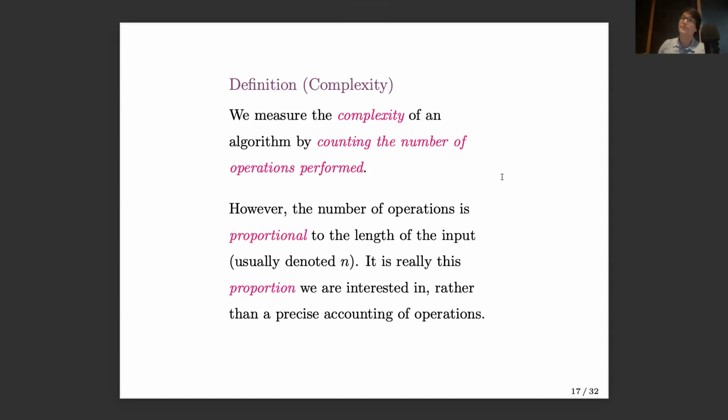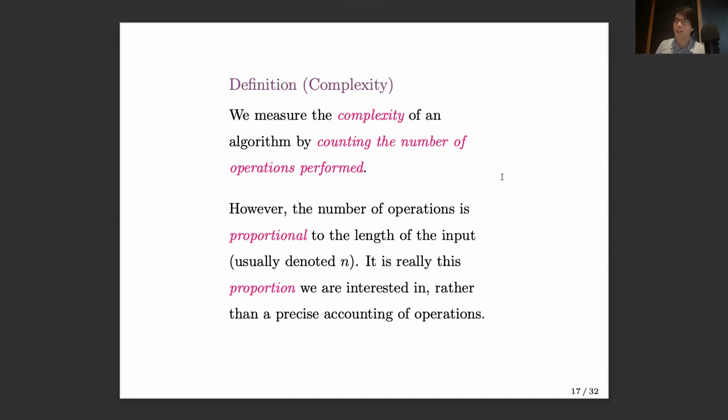So we measure the complexity of an algorithm, which is a value that's proportional to the runtime of the algorithm, by counting the number of operations performed. The number of operations is proportional to the length of the input somehow. So it has to be proportional to something. For list sorting, it's clear: the length of the list. For other algorithms, it may be less clear what the size should be. But for sorting, it's clear.